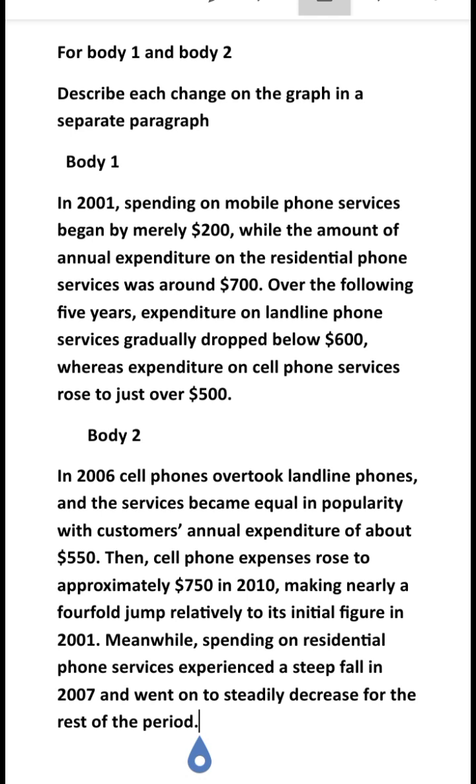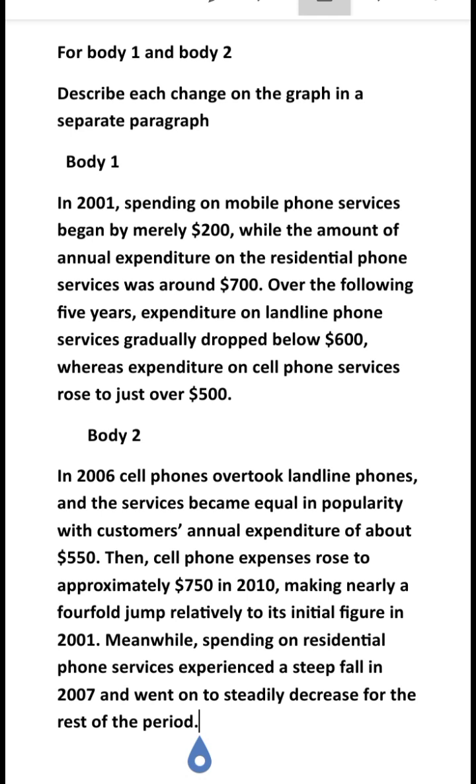Now we have to write body 1 and body 2 in separate paragraphs. For writing the paragraphs of body 1 and body 2, describe each change on the graph in a separate paragraph, which I already told. Now let's write body 1.